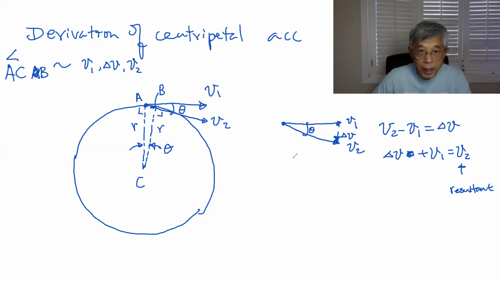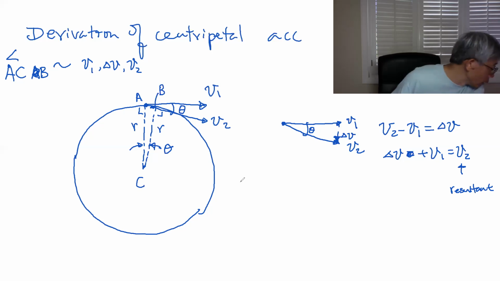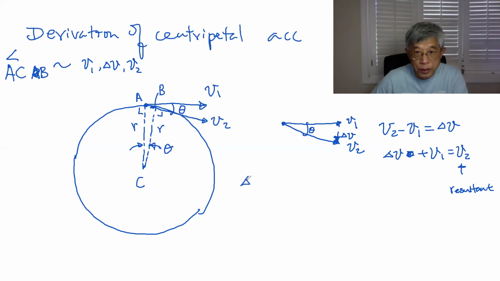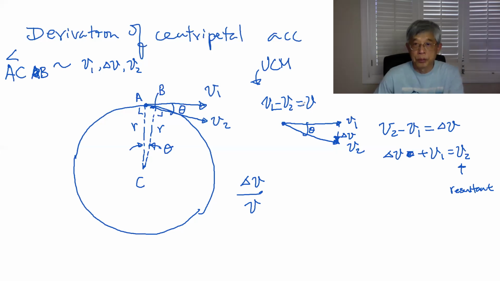So now let's take a look at delta V divided by V. V1 equal to V2 is equal to V, because it's UCM, uniform circular motion, so it's constant speed.